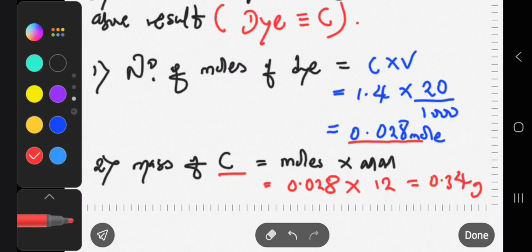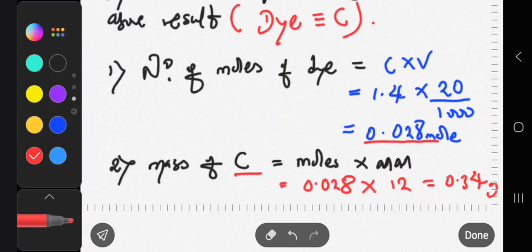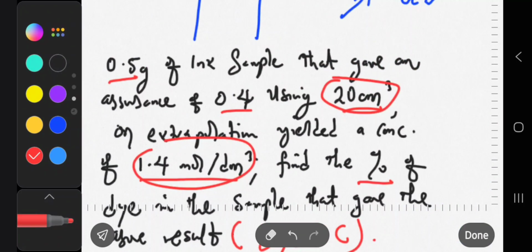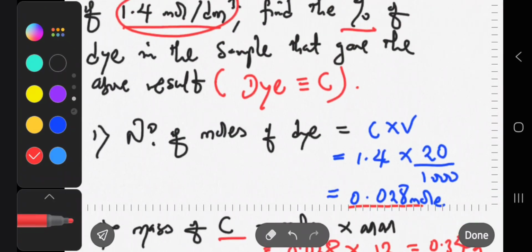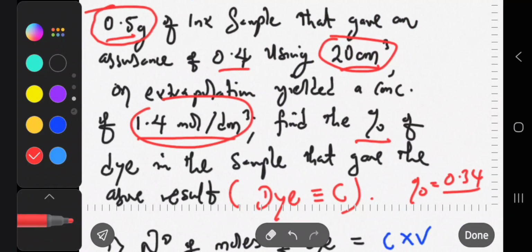Okay, once you've done this, remember we want to find the percentage. If you want to find the percentage, you have to relate it to the initial sample weight. So we can see the mass here. Basically, what we have to do is 0.34. Let me do this over here. Percentage will be 0.34 divided by the initial sample that was given, which is 0.5.